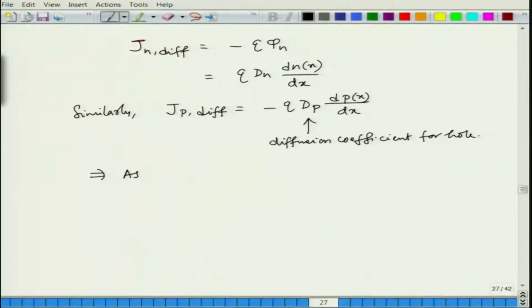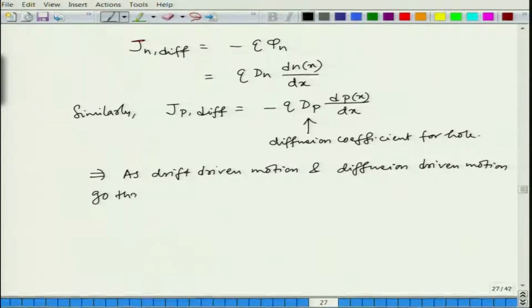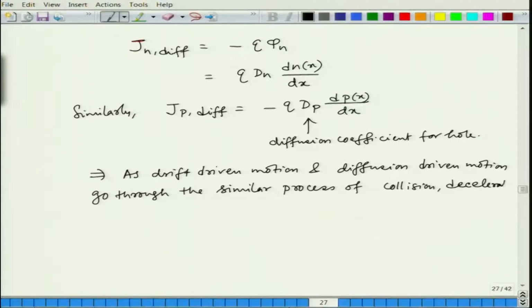So, as the drift driven motion and diffusion driven motion go through the similar process of collision and deceleration, etc., they must be somehow related, right.